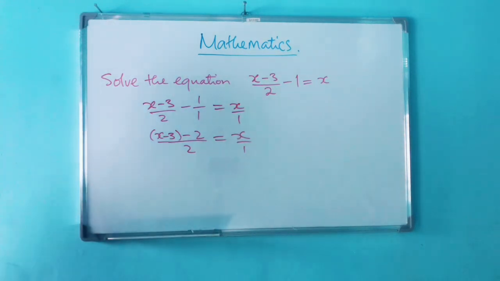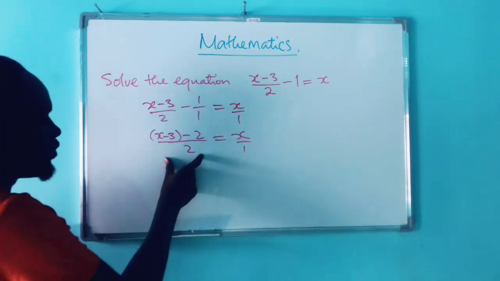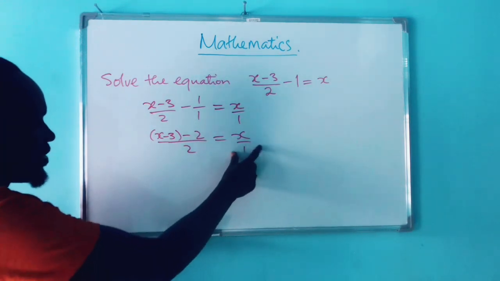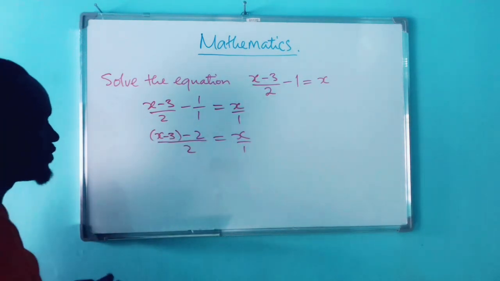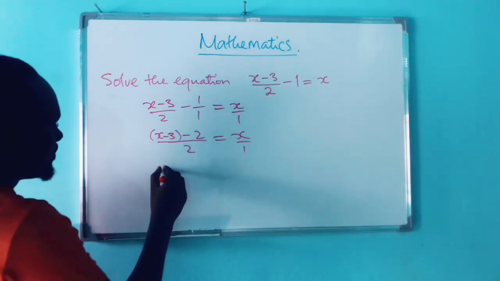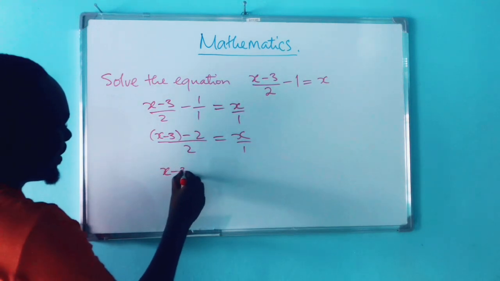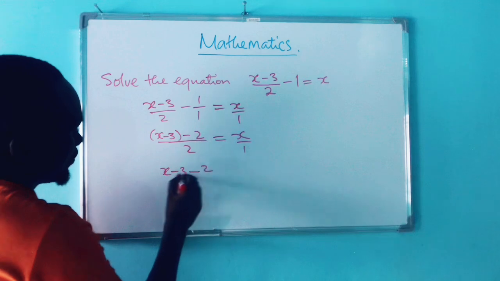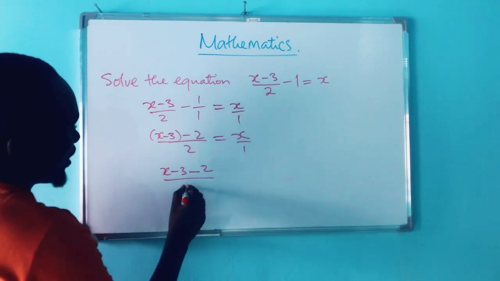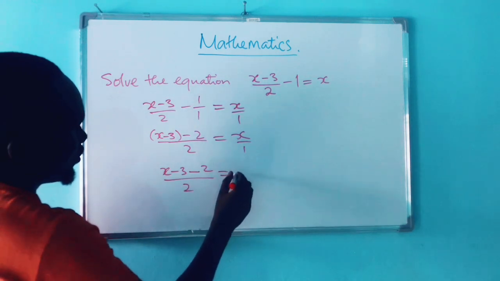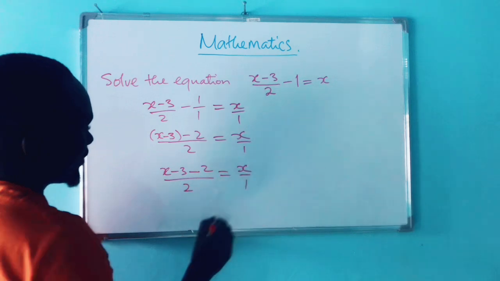We have a single fraction now, and a fraction on the other side. Let's simplify the numerator here. So we'll have x minus 3 minus 2 over 2 equals x over 1.